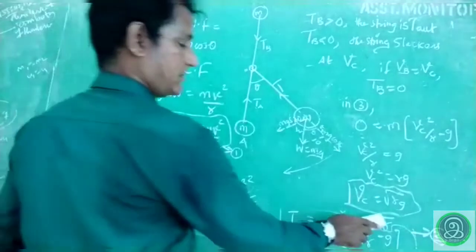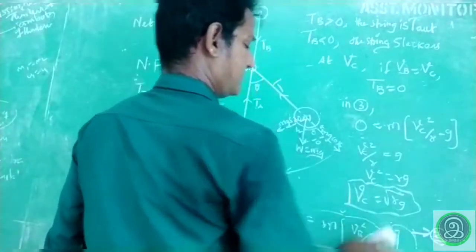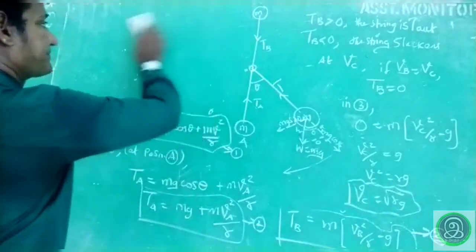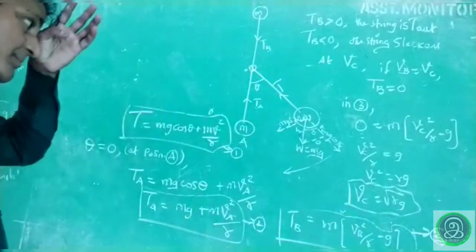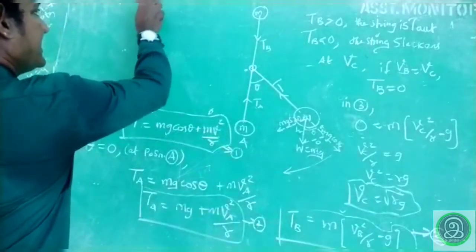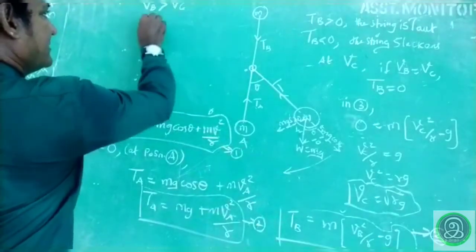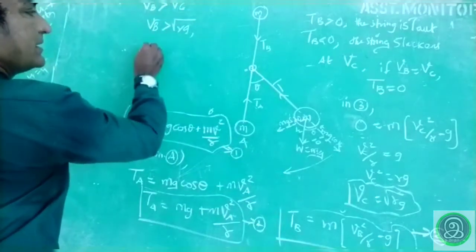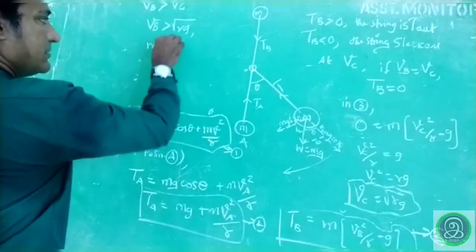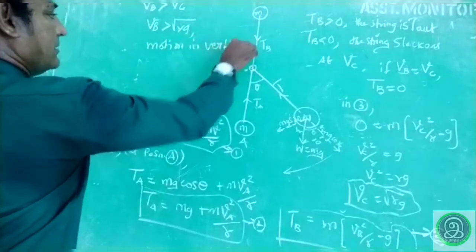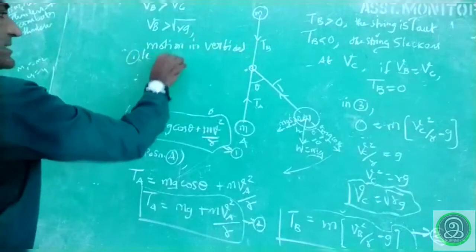Right? And here, if Vb is greater than Vc, or Vb is greater than square root of Rg, then motion in a vertical circle is possible.